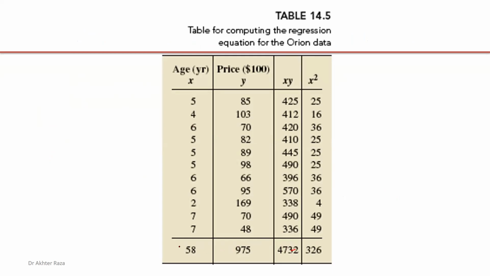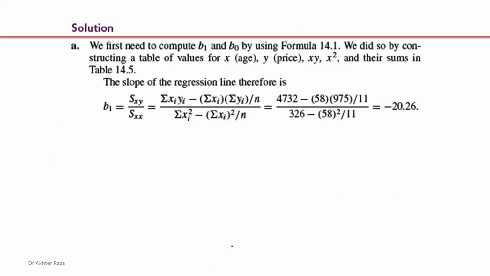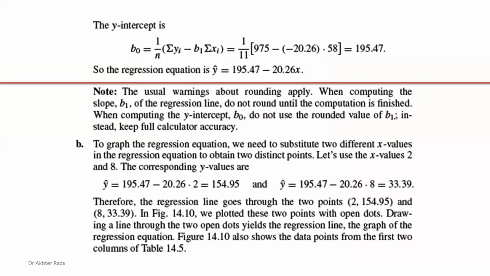If I put all of these totals into these two equations and solve them simultaneously, we will get the values of beta naught and beta 1. So beta 1 comes to minus 20.26, and beta naught comes to 195.47.